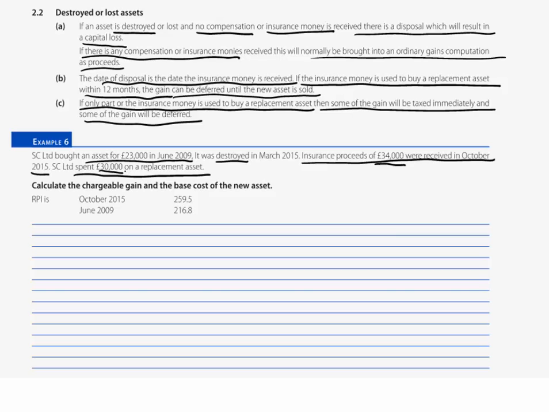Now, before we go through the answer to this, I would ask you just to pause at this particular point in time and go back and remind yourself of how rollover relief worked. So back in chapter 14, CGT reliefs, one of them rollover relief, and what specifically happened when dealing with partial rollover.